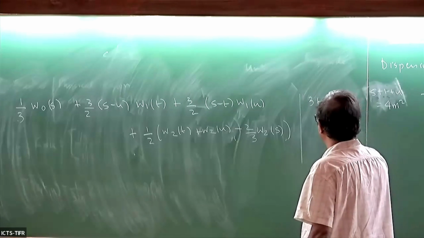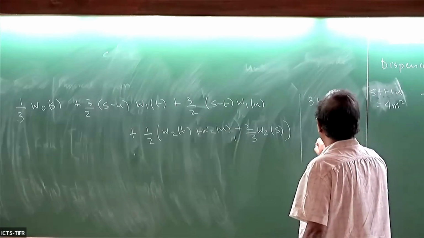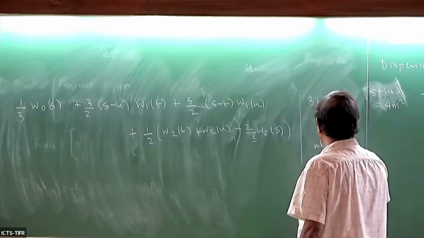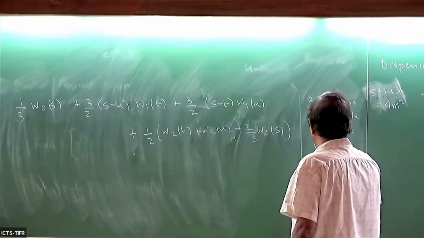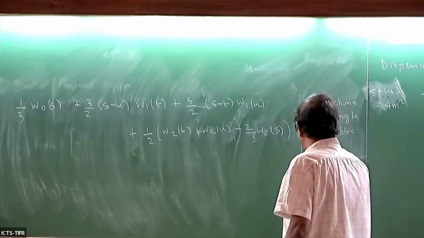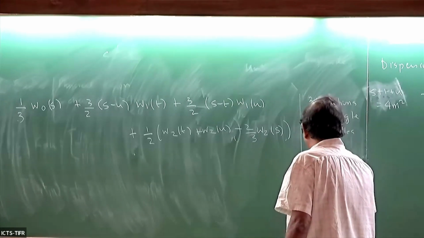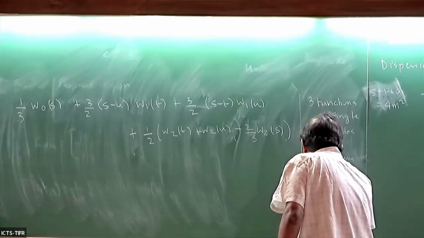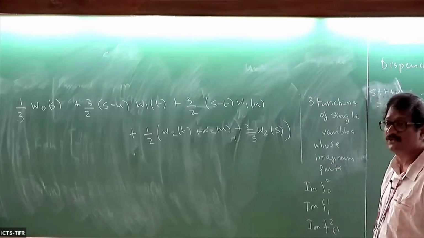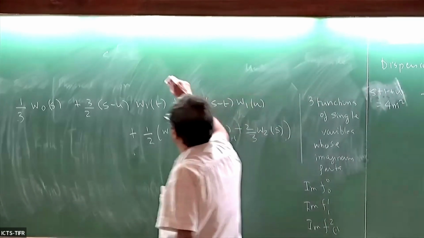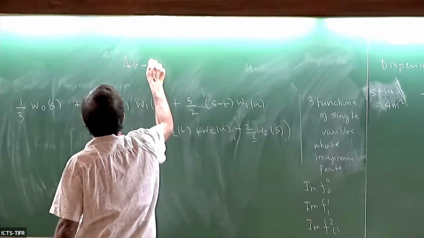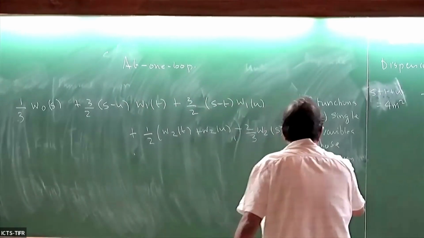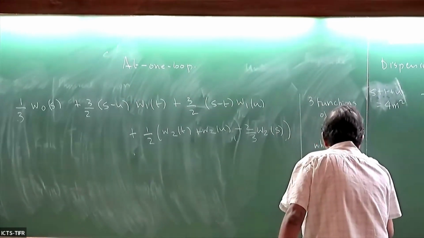Single variables whose imaginary parts are given by the imaginary part of F00, imaginary part of F11, and imaginary part of F20, obtained from the tree level amplitudes. So this is at one loop, where these are obtained from tree level relations.